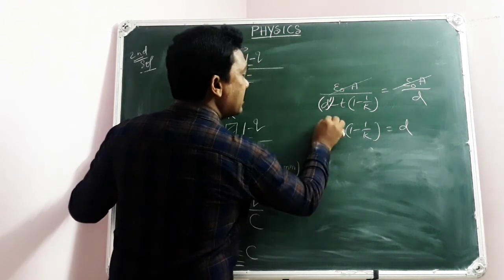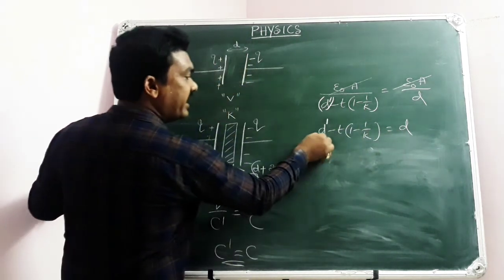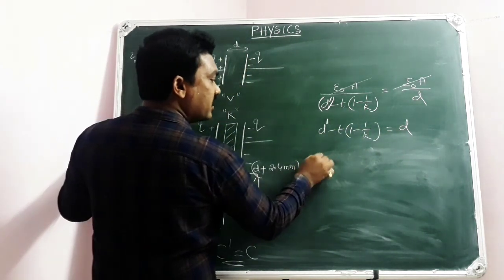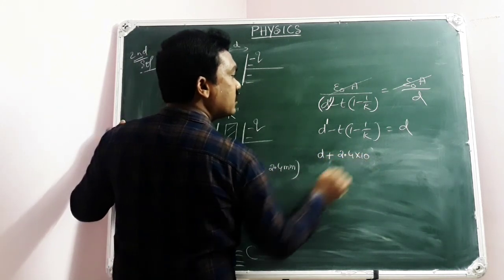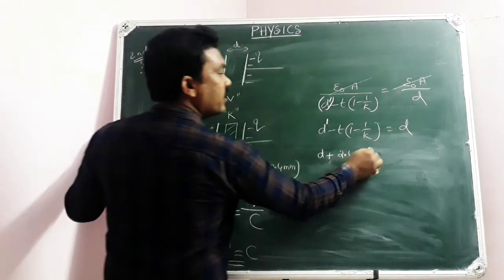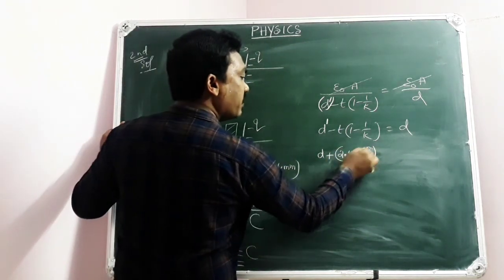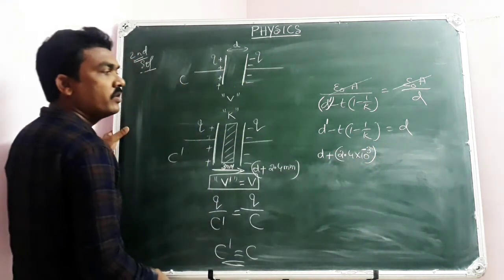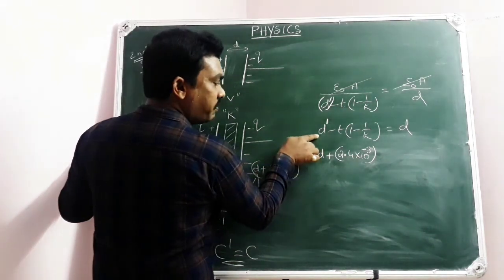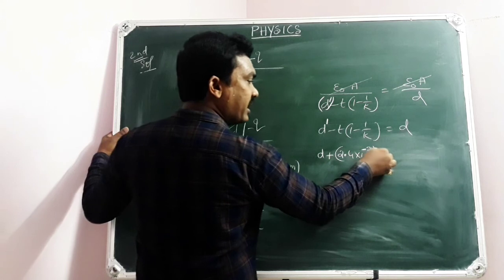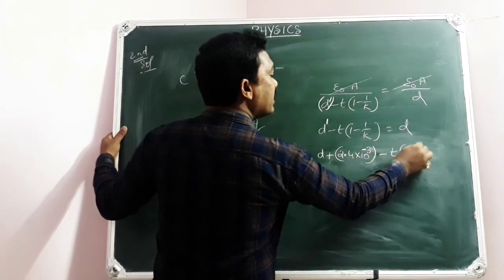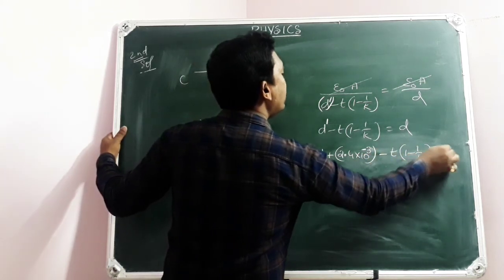So don't cancel D and D dash. D dash I can write as D plus 2.4 millimeter, which should be written as 2.4 into 10 power minus 3 meters. So D dash minus T of 1 minus 1 by K equal to D.